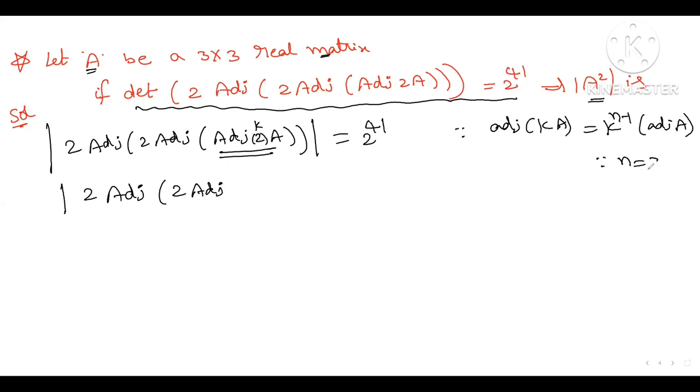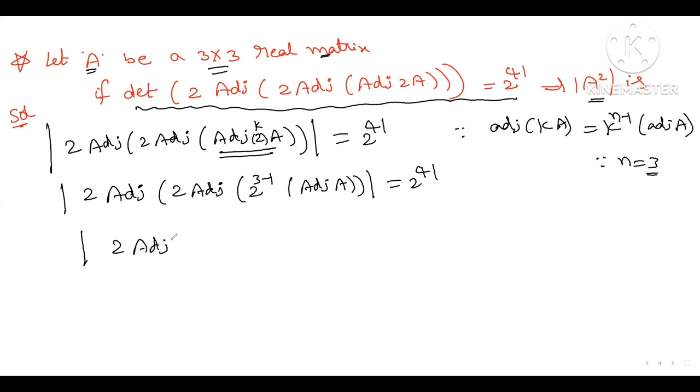Here n value is 3, because A is a 3 by 3 square matrix. So 2 to the power 3 minus 1 into adjoint of A is equal to 2 to the power 41.